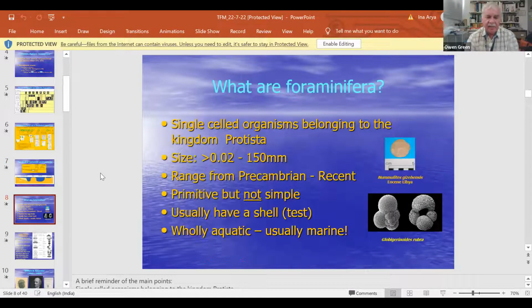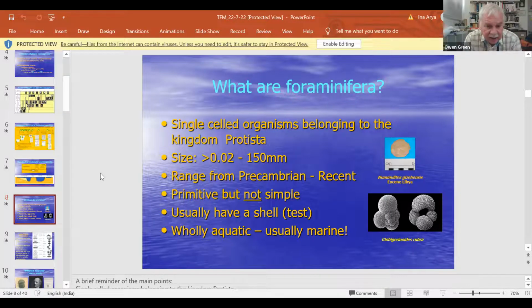Okay, so just a brief resume on what foraminifera are and where they fit into all the other organisms or groups that we might have come across. They're single-celled organisms, and they're usually placed within the kingdom Protista. They vary in size from 0.02 millimeters up to 150 millimeters, and there can actually be some which are larger than that.